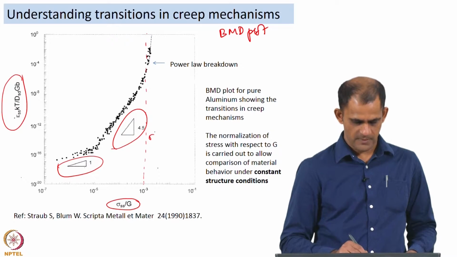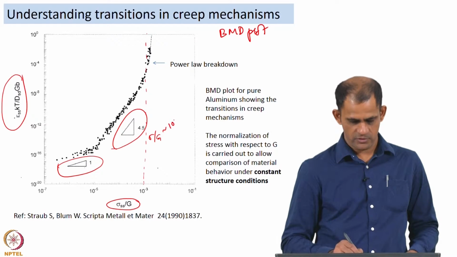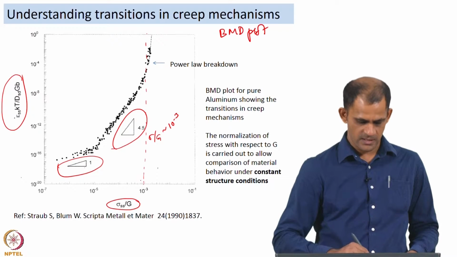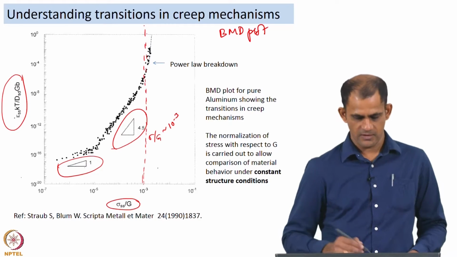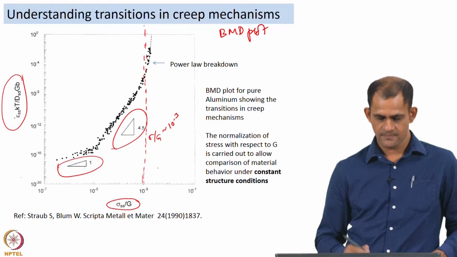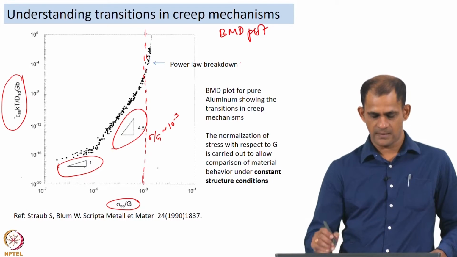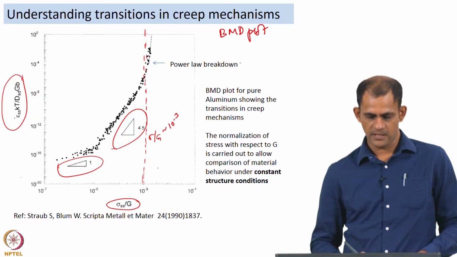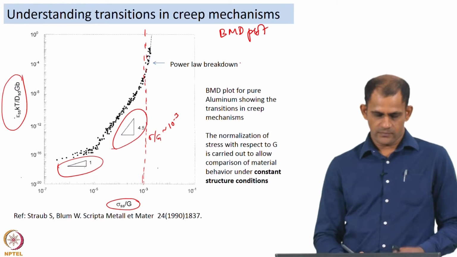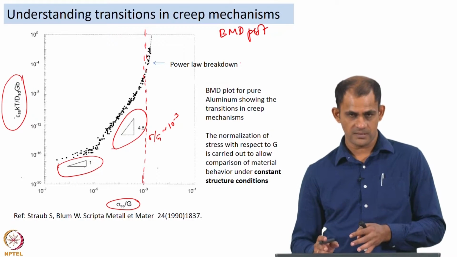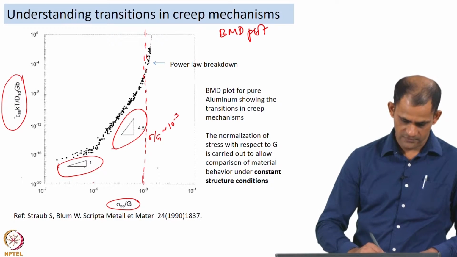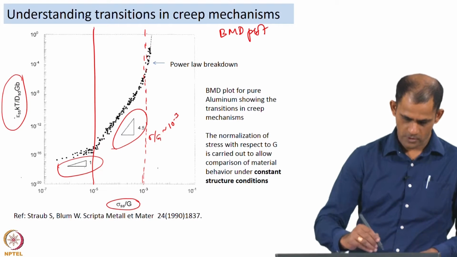is close to the sigma by G value of 10 to the power minus 3, the power law breakdown regime I mean. So, the power law creep regime ends at somewhere close to that stress level, and beyond that you are basically moving into the power law breakdown regime. So, this plot is showing you the transitions in deformation mechanisms as a function of the normalized stress value.